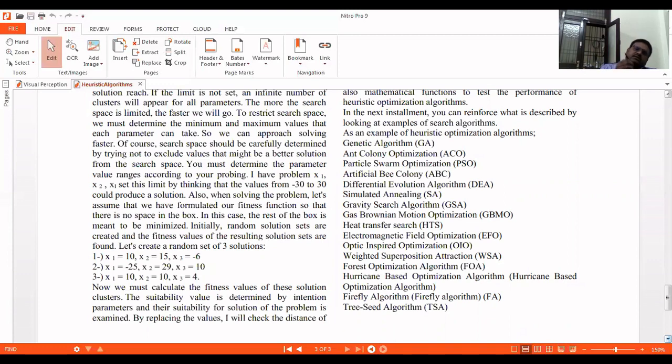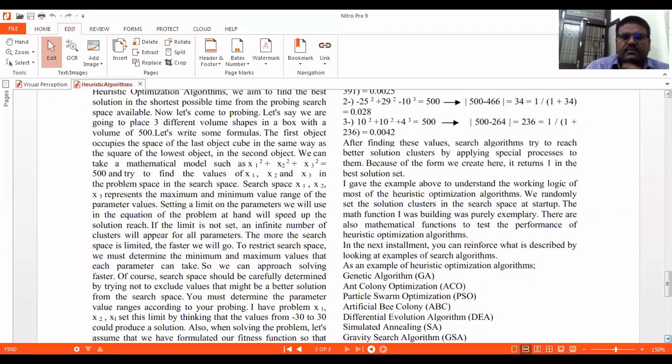These are the different types of heuristic optimization algorithms. So, stop recording.